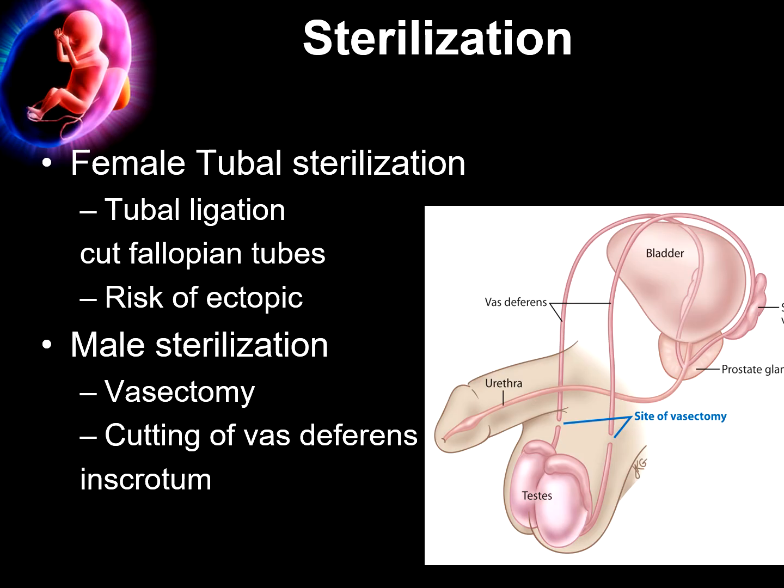And this is usually done in the doctor's office, and it does not have to be done in a hospital. It's very convenient. It is safe, easier, and less expensive than a bilateral tubal ligation for the woman, and it has a lower failure rate than tubal sterilizations.